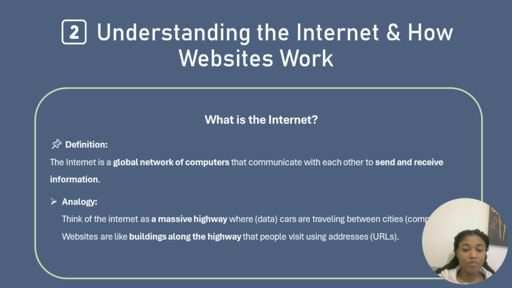That's basically the internet. The cars here are like data being transported on the highway, which is the internet, right? And the cities or the different locations are your computers. Your computers are basically connected to this highway where data is traveling, and people can stop and visit, which is your URL.